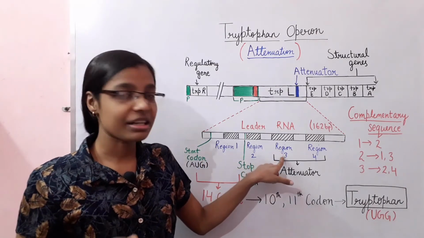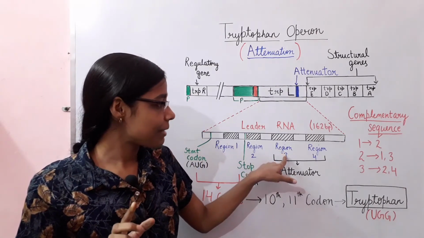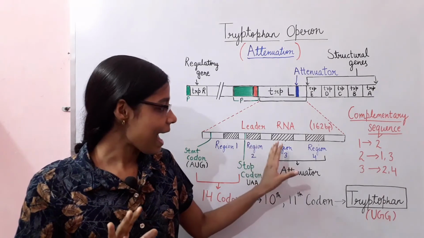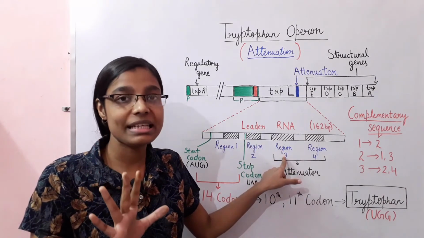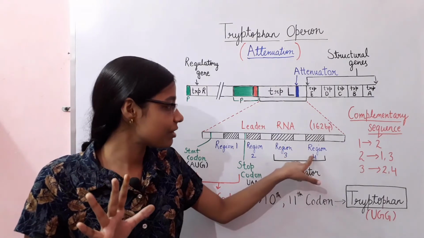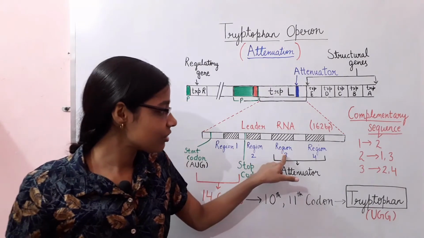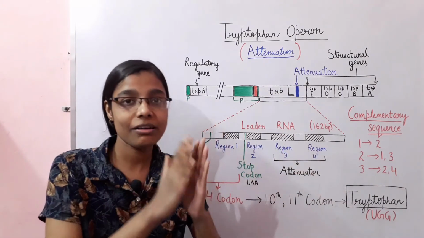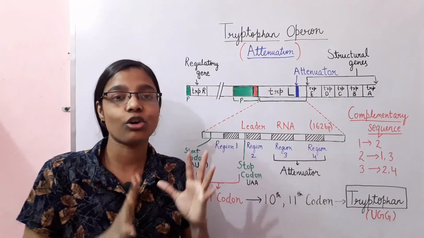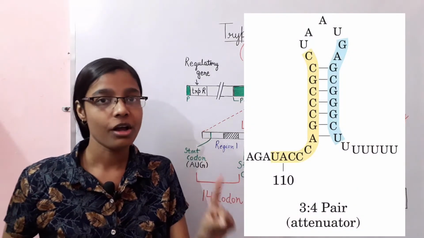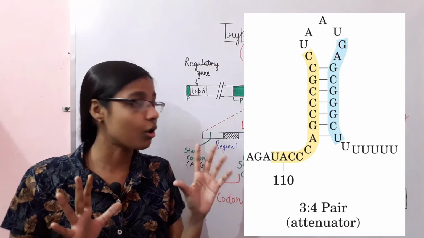However, region 3 can pair up with region 2, which forms an anti-terminator loop, and region 3 can also pair up with region 4. When region 3 and region 4 pair up with each other, they form a loop-like structure called the terminator loop. You have to clearly focus on this.